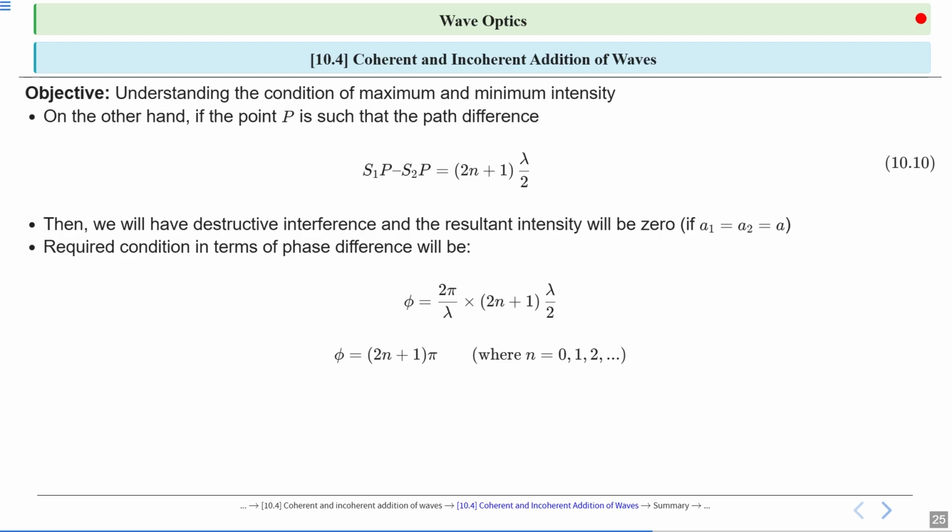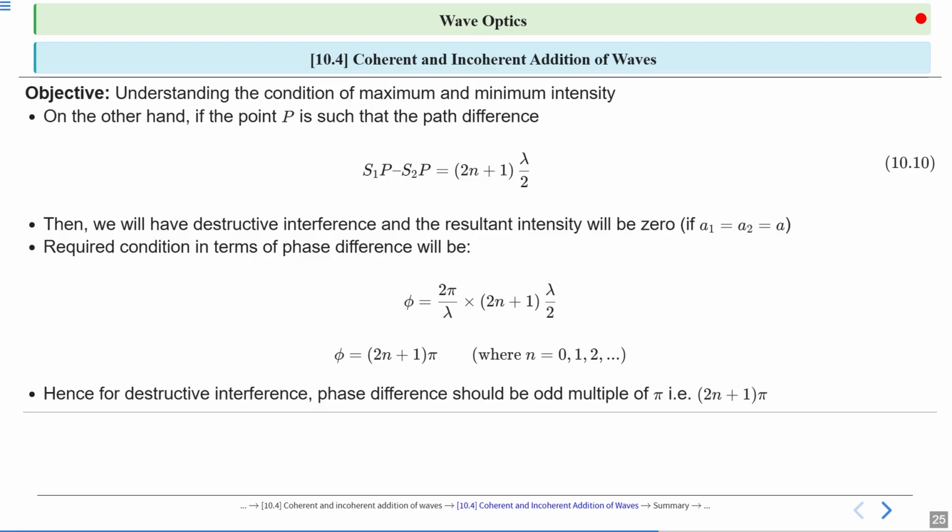So 2n plus 1, put 0, it will be pi. Put 1, it will be 3 pi. So the phase difference should be an odd integral multiple of pi for destructive interference, and for constructive interference, the phase difference should be an even multiple of pi.